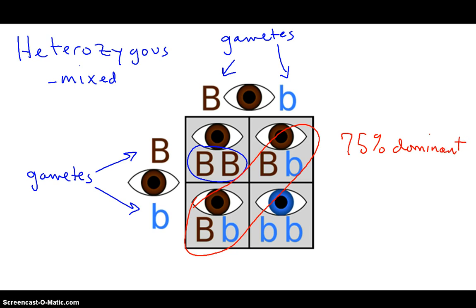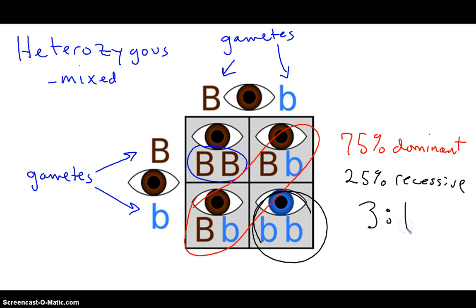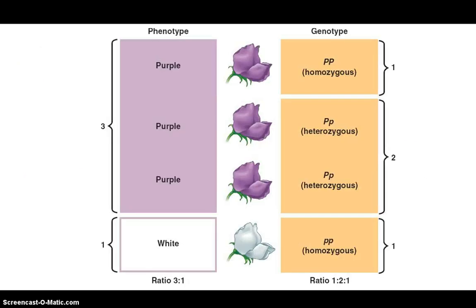There's only one individual that gets the homozygous recessive, so there's 25% that would be recessive. And again, this goes back to the previous section where we talked about a 3-to-1 ratio of dominance to recessive when we do a completely heterozygous cross. And this is the reason why, shown in something called a Punnett square.